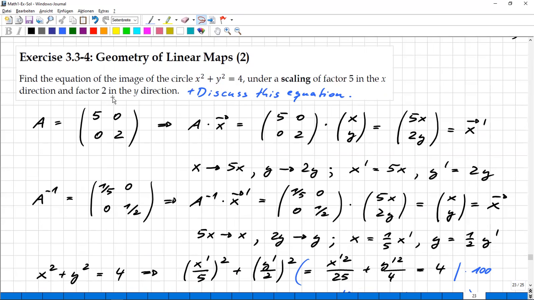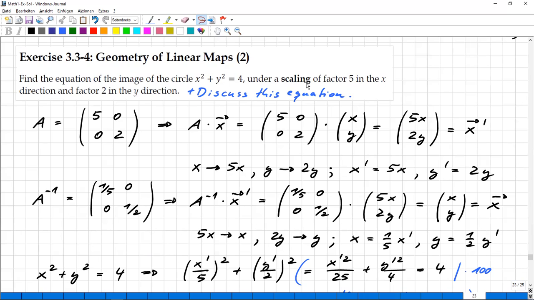So this is linear, but you could say a certain stretching of this circle so that its form changes. You may all guess what the result might be. The result is an ellipse, of course. It's an elliptic curve with certain dimensions, with certain measures, but that's the topic of this exercise.